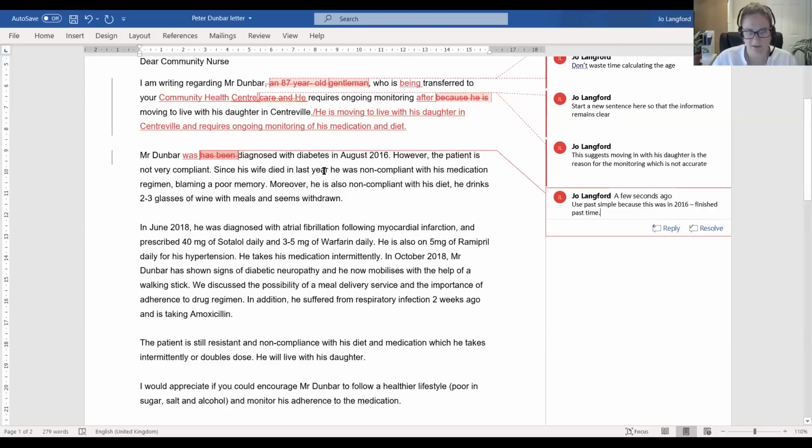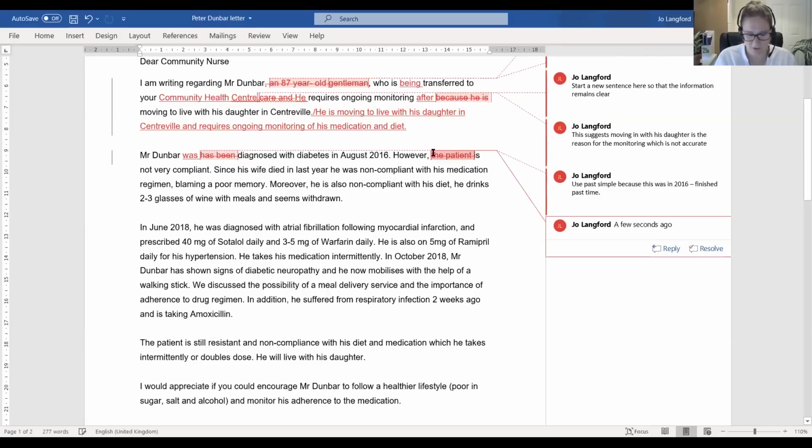Okay. However, the patient is not very compliant. Since his wife died in last year, he was non-compliant with medication. So there's a little bit of repetition going on there. I don't think it's necessary to say it twice. And we shouldn't have the patient. That's not the right one to have here. The patient is too impersonal.